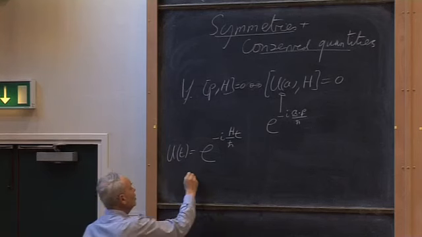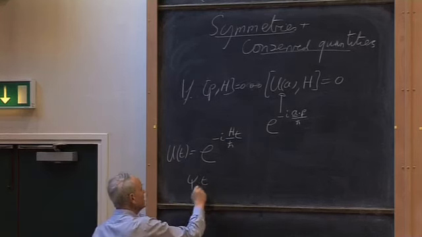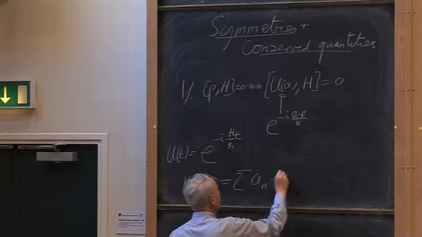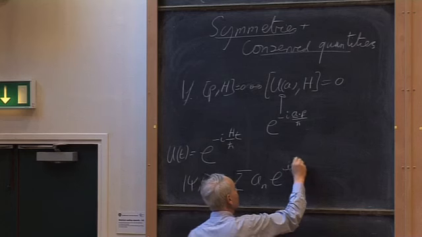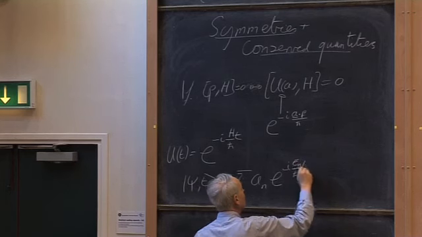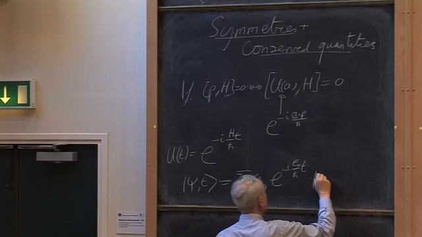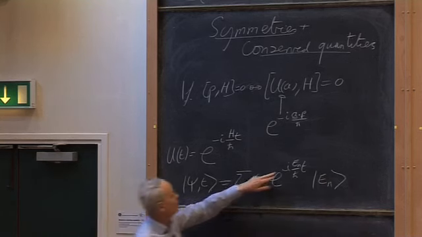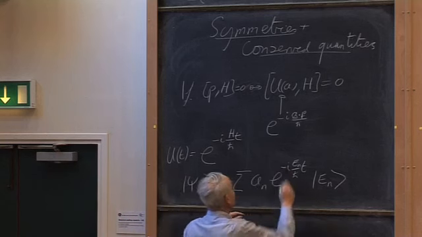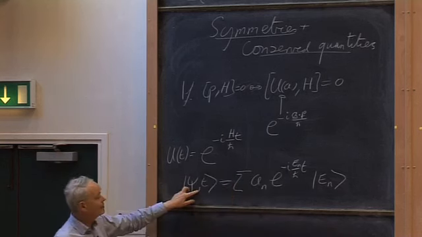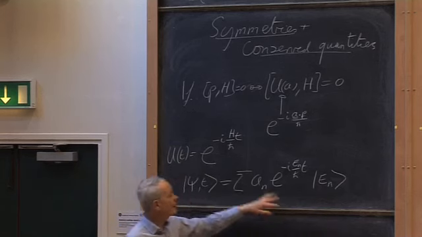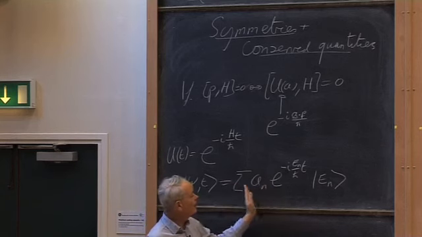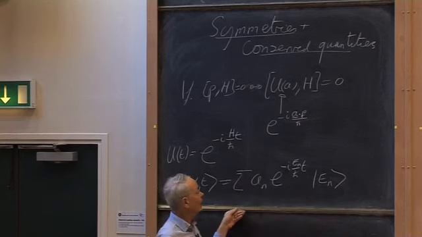Well, we already know that psi at time t is equal to the sum of a_n e to the minus i E_n over h bar t times |E_n>, don't we? This is our standard means of solving the time-dependent Schrödinger equation: decompose the given state into a linear superposition of energy eigenstates at any particular time, for example at t equals 0, and then evolve by multiplying each term in this series by this exponential.